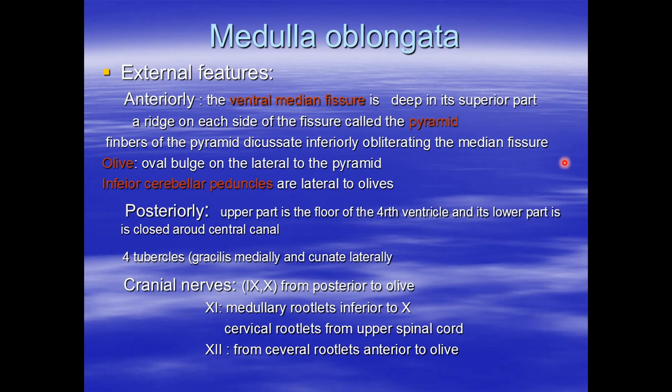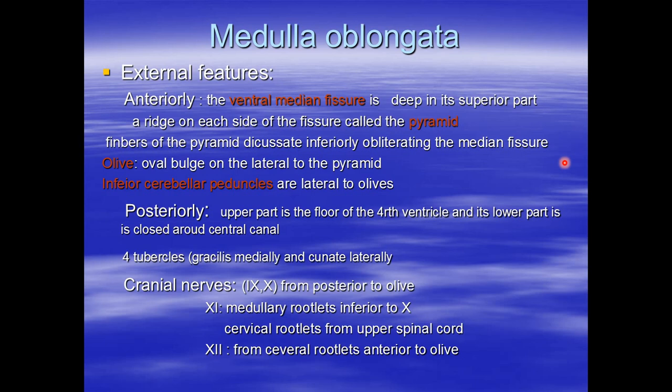Which cranial nerves arise from the medulla oblongata? We have the 9th and the 10th cranial nerves, the glossopharyngeal, which is the 9th cranial nerve, and the vagus nerve, the 10th cranial nerve, arising posterior to the olive.